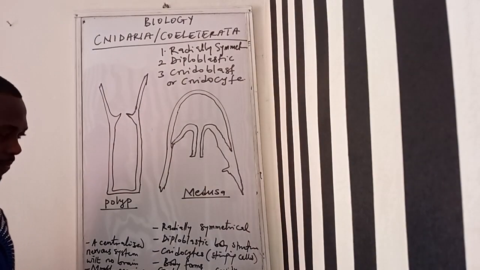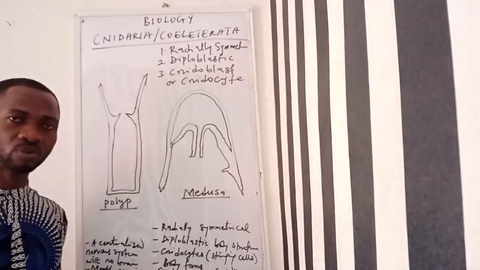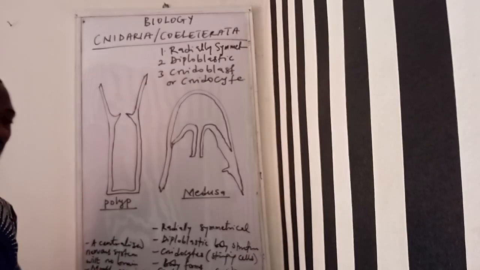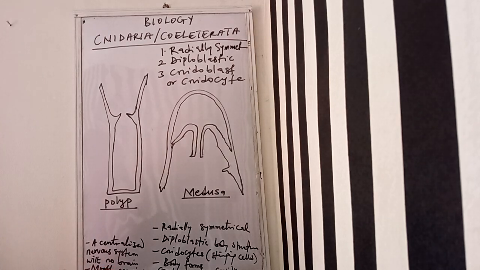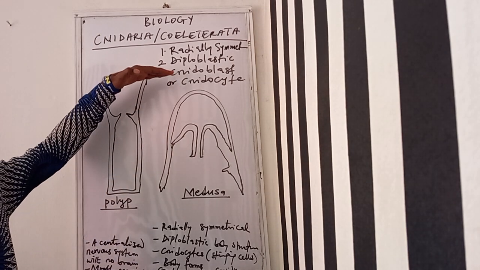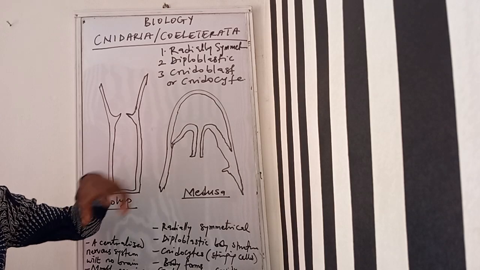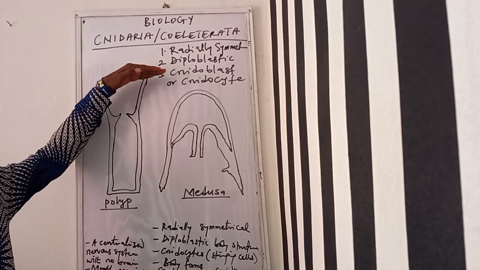It is a kind of single cell, and it is an adaptive feature that helps the organism evade predators. These single cells contain toxic chemicals, and their presence is one of the characteristics that differentiates cnidarians from other organisms.